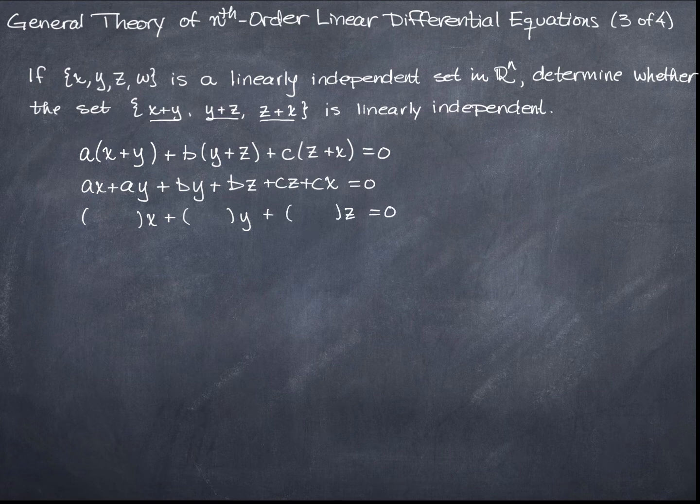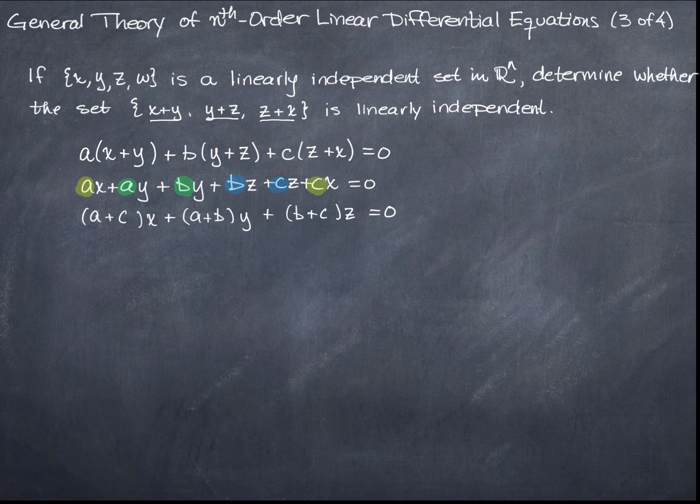And what I'm going to do to figure that out is just recognize that in front of x I have an a, and there's a c. In front of y I have an a and a b, and in front of z, I have a b and a c. That's going to give me a plus c times x, a plus b times y, and b plus c times z.